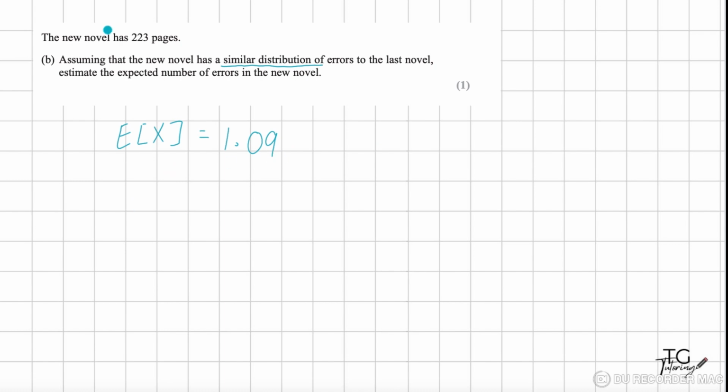So to work out an estimate for the expected number of errors in the new novel in total, I would do average number of errors per page, which is 1.09, times by the number of pages, which is 223, which gives me an estimate of 243.07 errors, or we could say approximately 243.